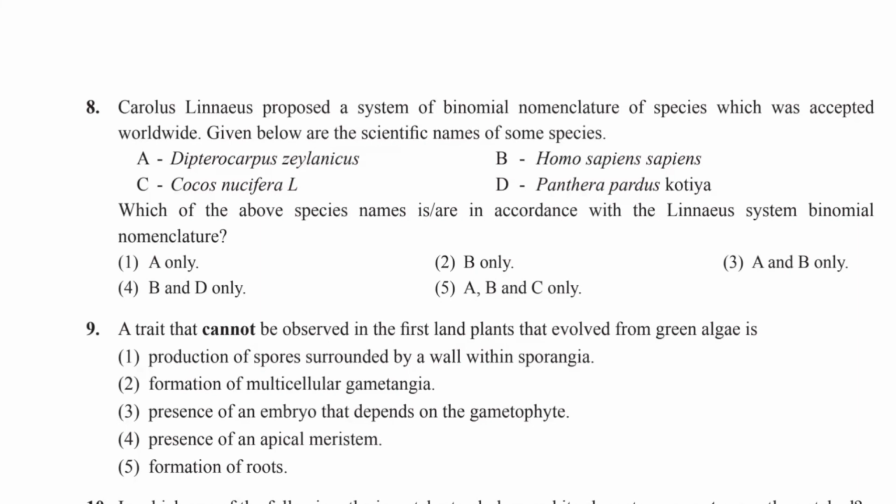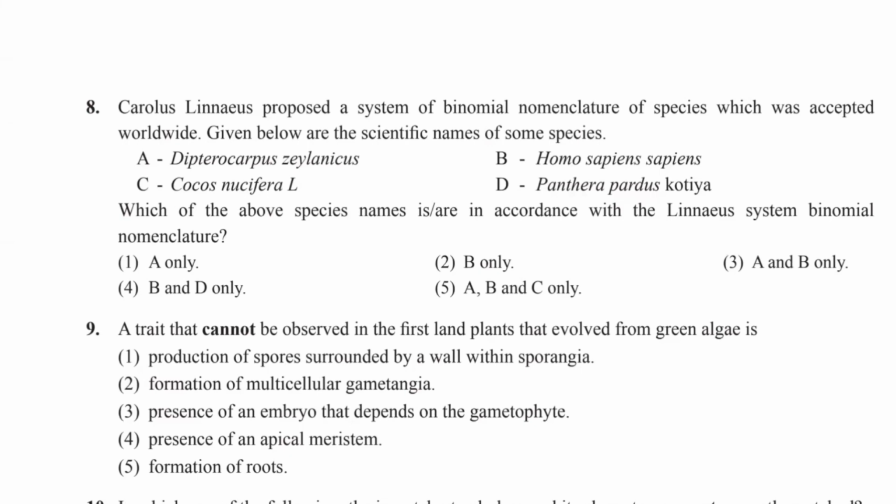So, plants, they are terrestrial organisms. Now, these chlorophytes, so green algae, they lack key traits of these land plants. What are the key traits? Wall spores produced in sporangia, then multicellular gametangia, dependent embryo, and apical meristem. Right? Now, in this question, they're asking trait that cannot be observed.